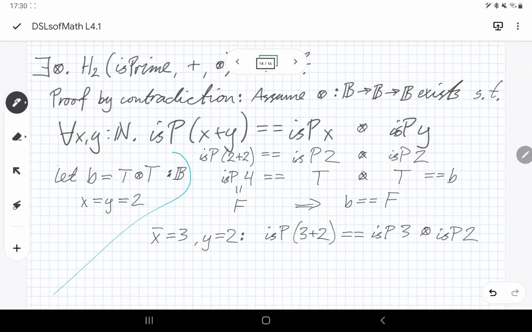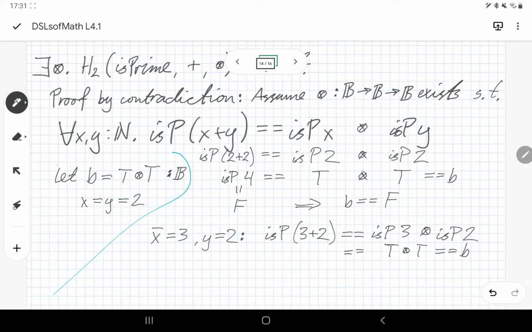Well, as we've chosen this number to be mapped to the same as 2, so both are actually primes, so both are mapped to true, we will actually get on the right-hand side here, true cross true, which again is our b. I mean, we defined b over here to be true cross true.